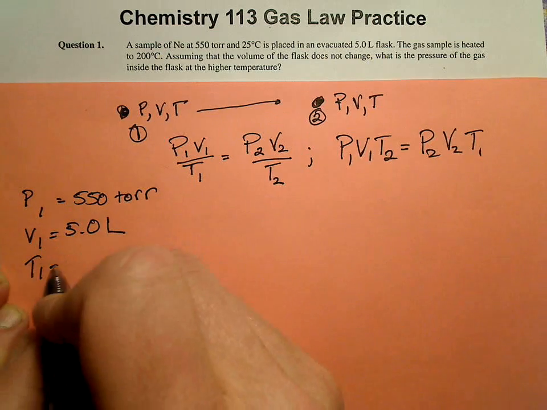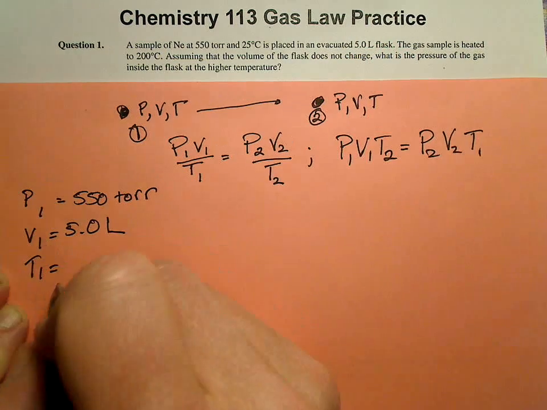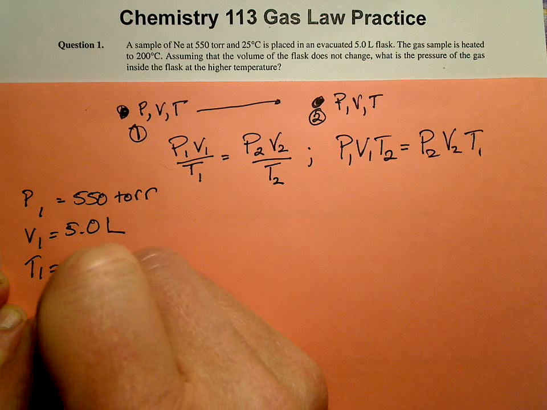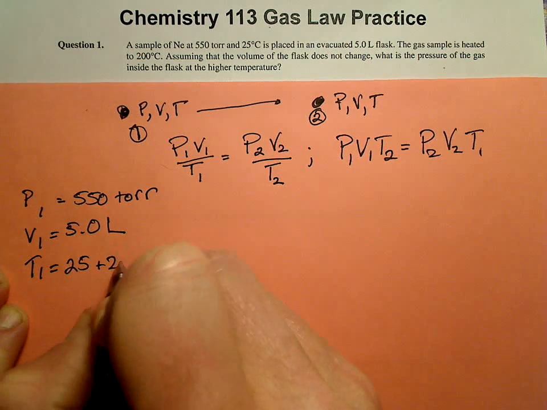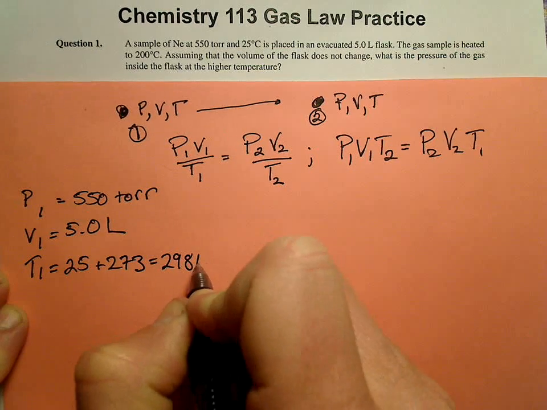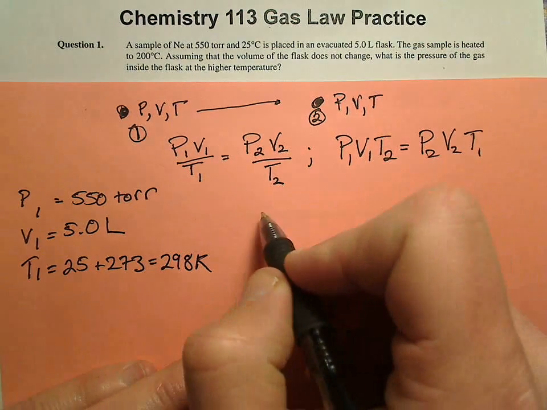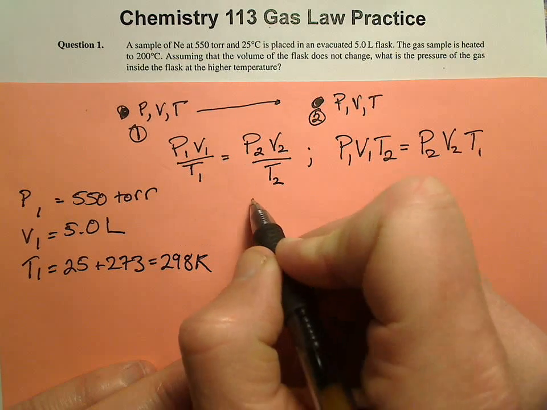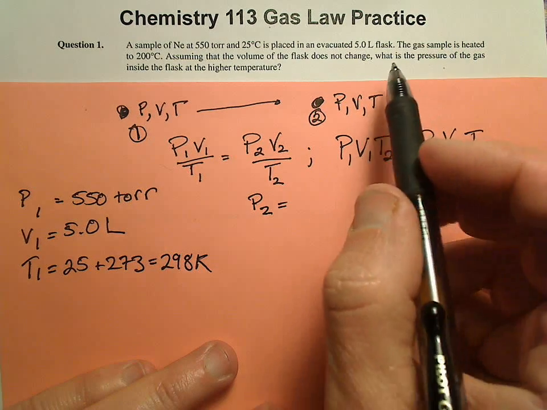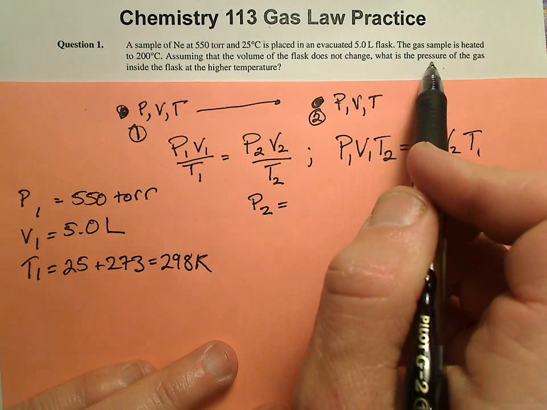T1 is equal to 25 degrees C, but remember, we have to put this in kelvins. So 25 plus 273 is 298 Kelvin. So that's P1, V1, T1. How about the other side? P2, what's that equal to? The gas is heated, assuming the volume does not change. What is the pressure?